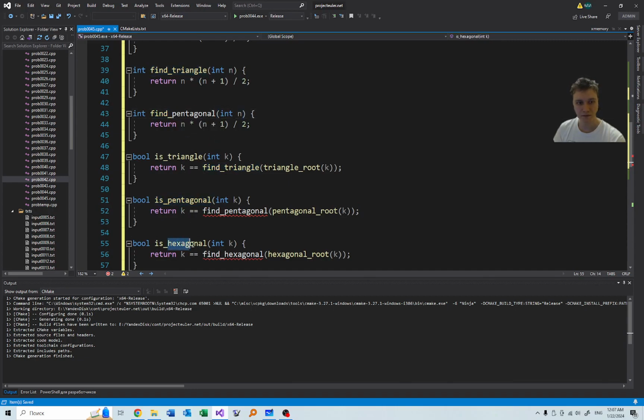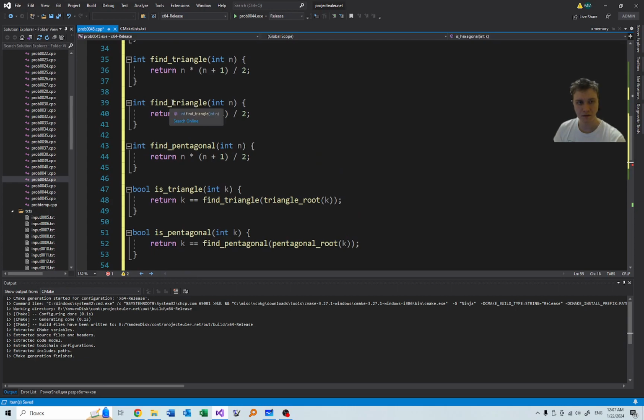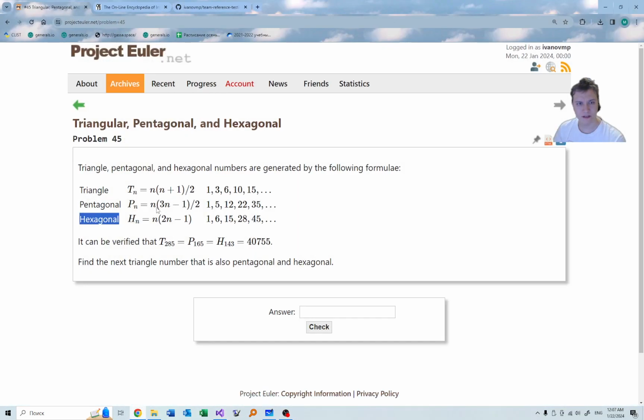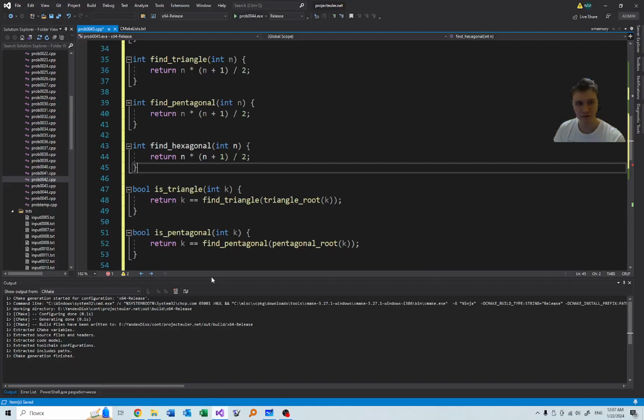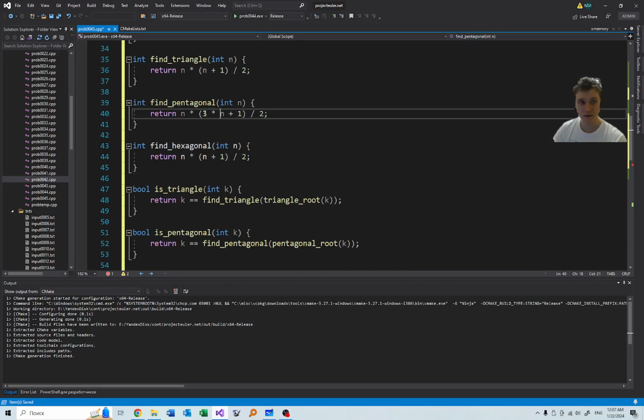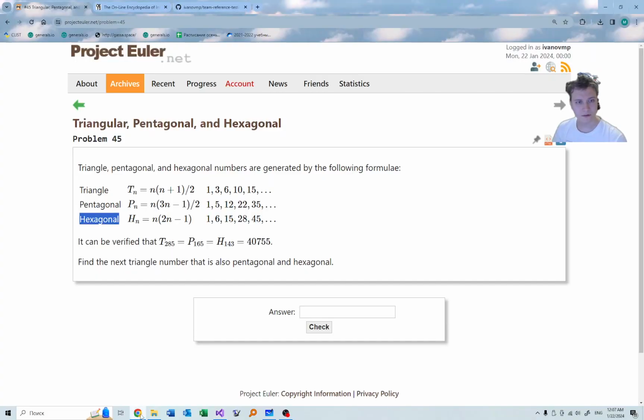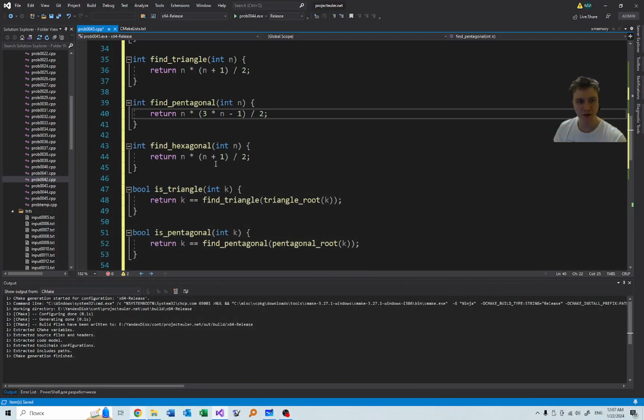Let's go. First of all, find pentagonal. To find a pentagonal number, we need n times 3n minus 1 over 2. To find a hexagonal number, we need to take n times 2n minus 1.